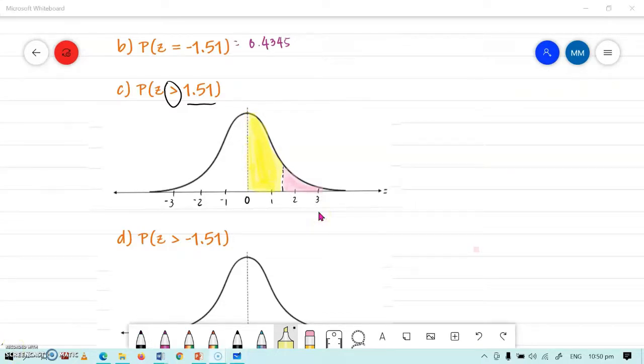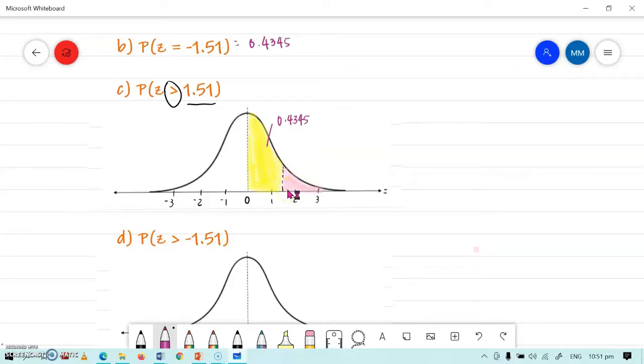Okay, so now using the z table, let's look for the area of the shaded region. From 0 to positive 1.51, in our previous examples, we know that it is 0.4345. So that area shaded with yellow is 0.4345. Now again, what we are looking for is the area of this pink region.